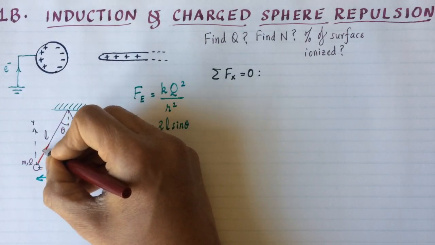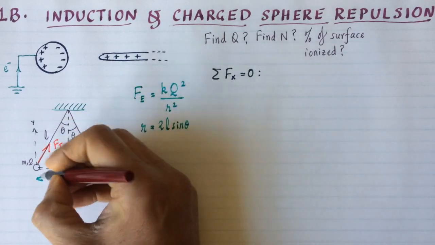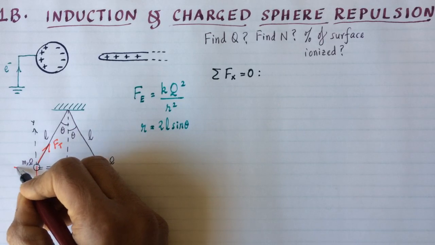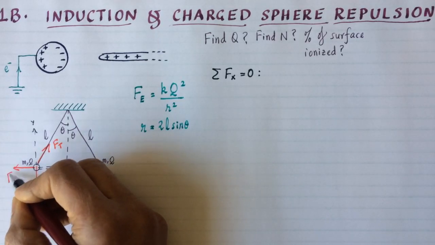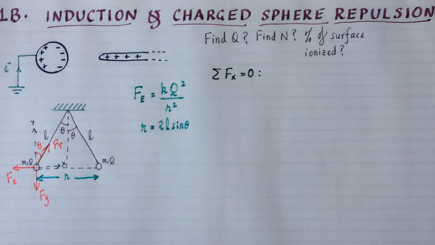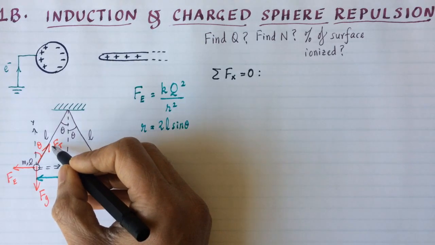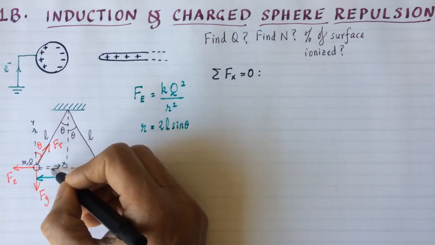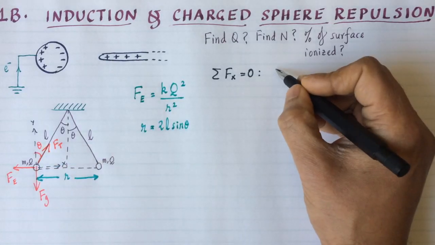Here's the force of tension, the force of gravity down, and the electric force. Because it's a force of repulsion, it will act in this direction. This angle is also theta. So in the x direction, Ft sine theta must equal Fe.